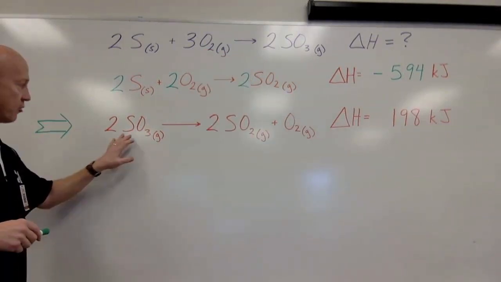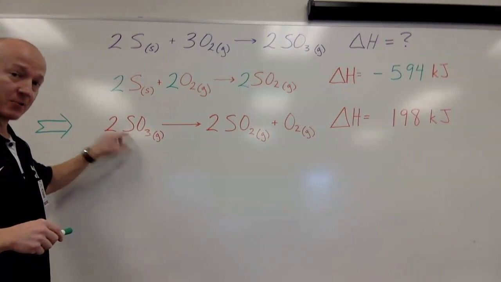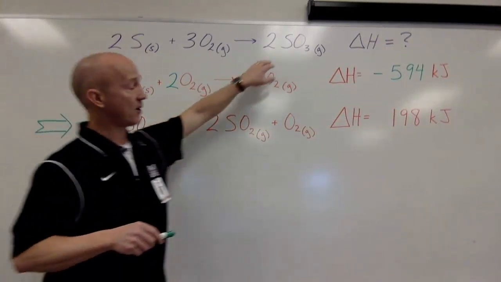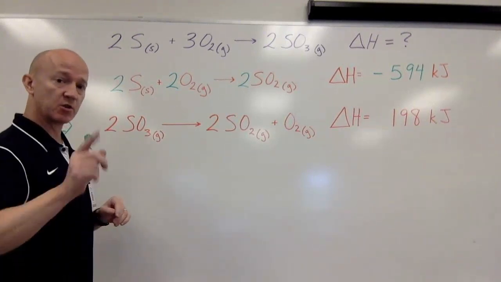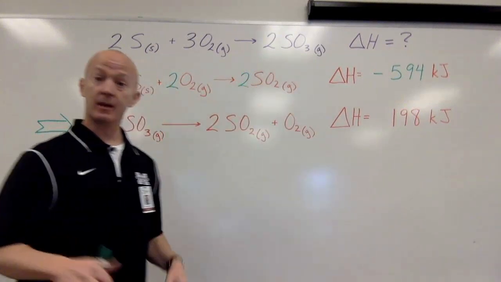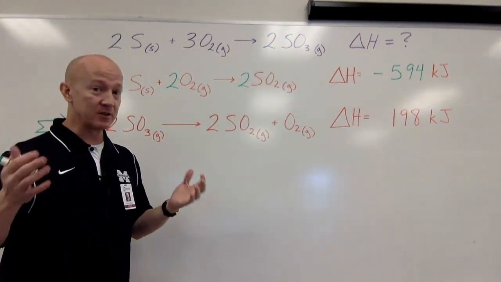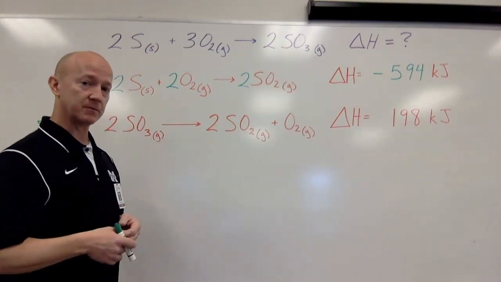Now for this bottom equation, I notice that my sulfur trioxide is a reactant, not a product like I need it. So I need to flip this around in some way so that sulfur trioxide will be a product. That's exactly what I'm going to do. I'm going to turn this around and make this the reverse reaction.